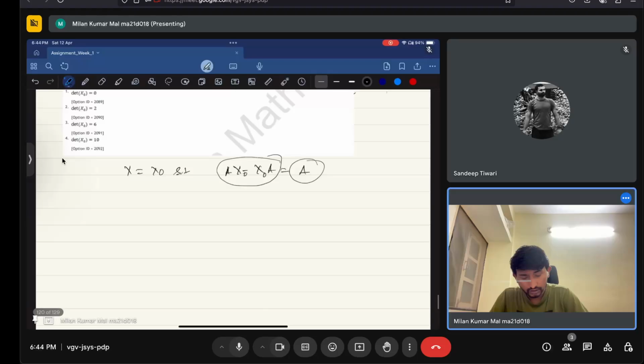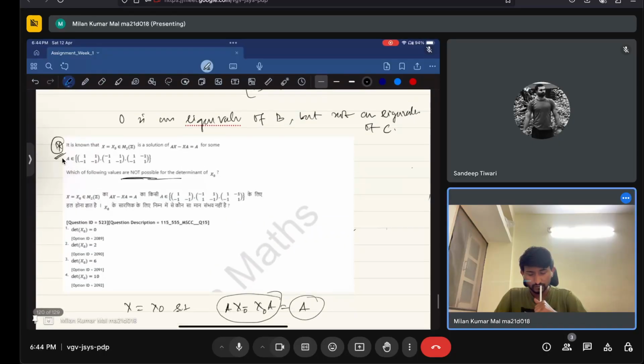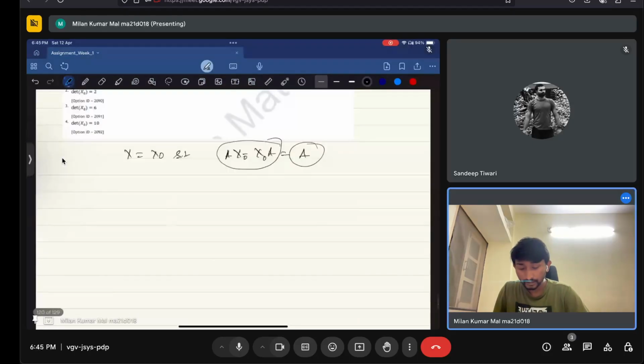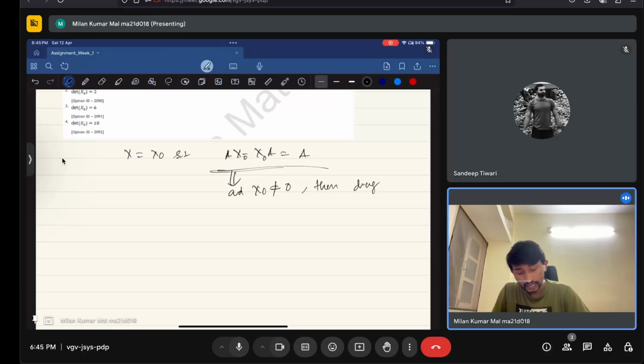Is it? If this is happening, and X naught is not equal to 0, then the diagonal of A should be 0. Is it true what I am saying?